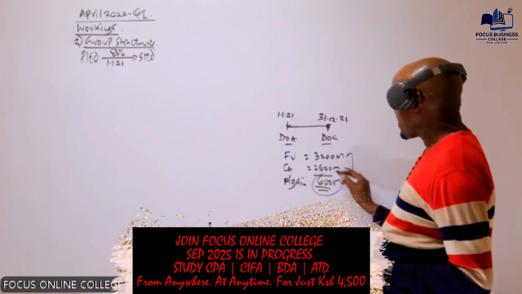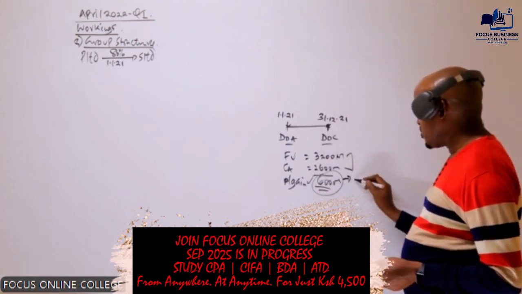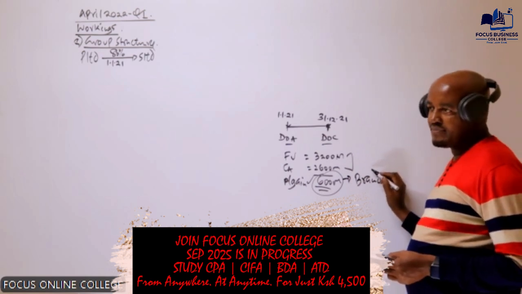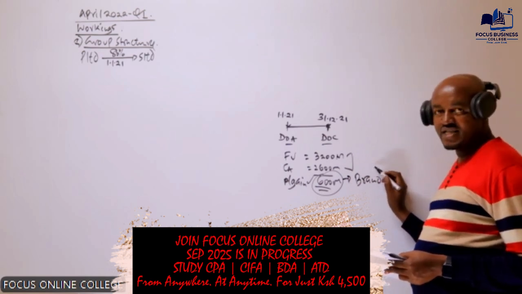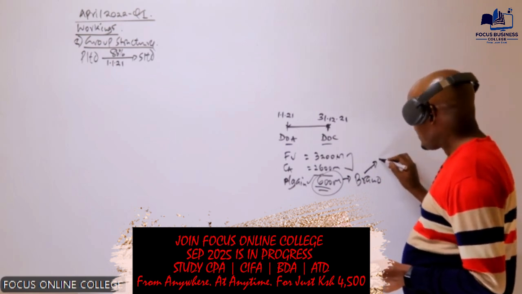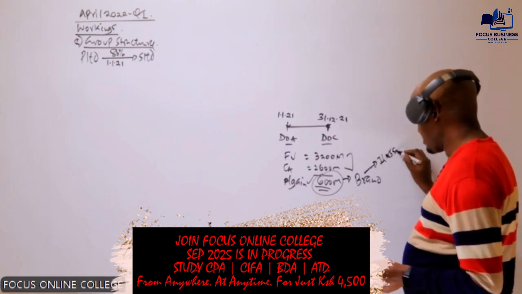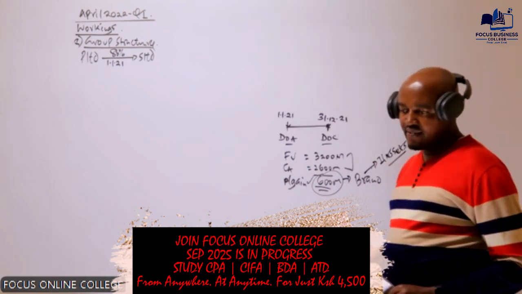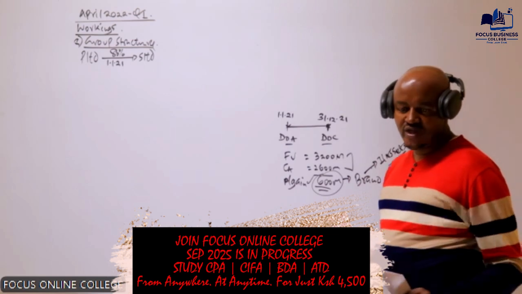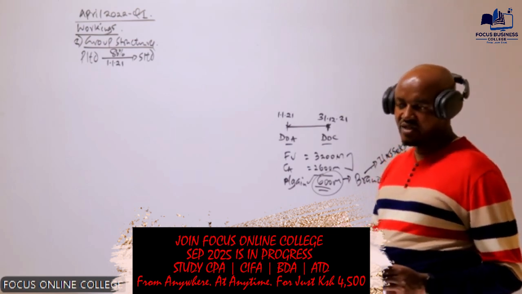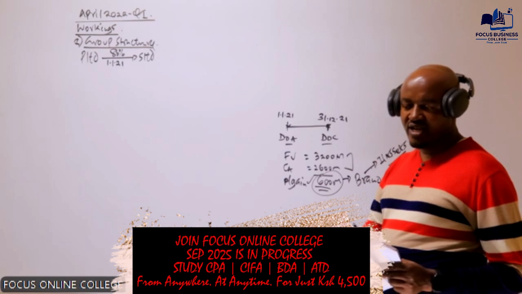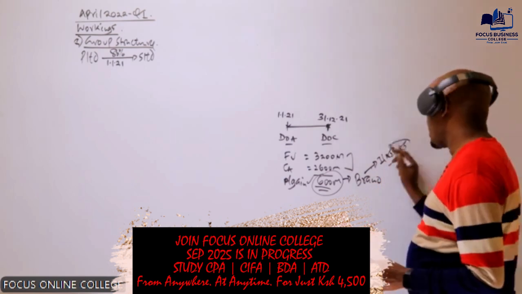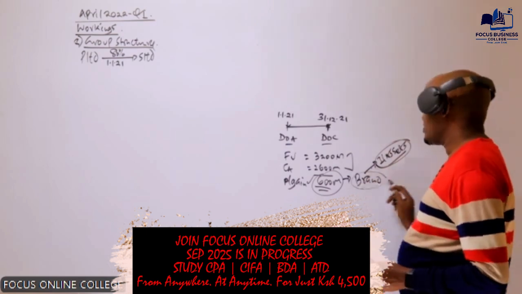A brand is basically a form of trademark, a form of intangible asset, just like the other question we did, where there was a list of customers not yet recognized, and we said that list of customers should be recognized as an intangible asset. The same case with this brand.